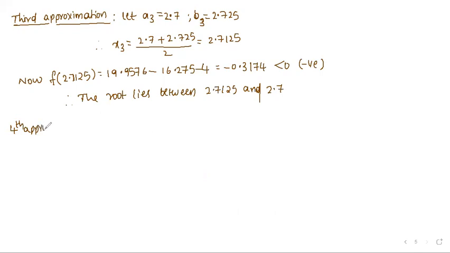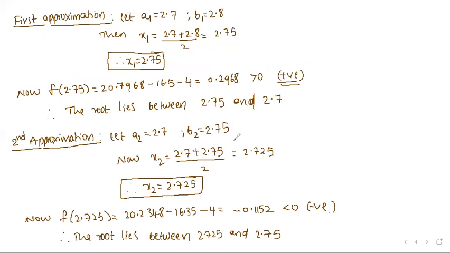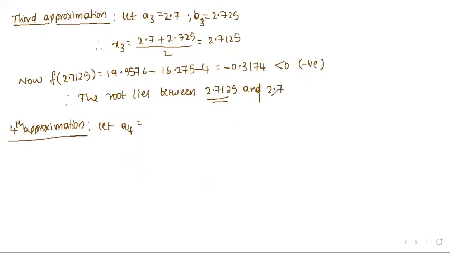Fourth approximation. Let a4 is equal to ఇక్కడ నెగిటివ్ వాల్యూ వచ్చింది కదా మనకి నెగిటివ్ అంటే 2.7125 మనకి పైన పాజిటివ్ కావాలి పైకి వెళ్తే పాజిటివ్ ఇక్కడ ఉంది అంటే 2.75 ఇది వేసుకుందాం. 2.75 now a4 is equal to 2.7125 and b4 is equal to 2.75.